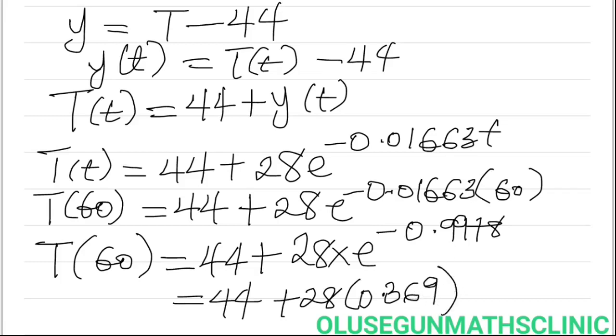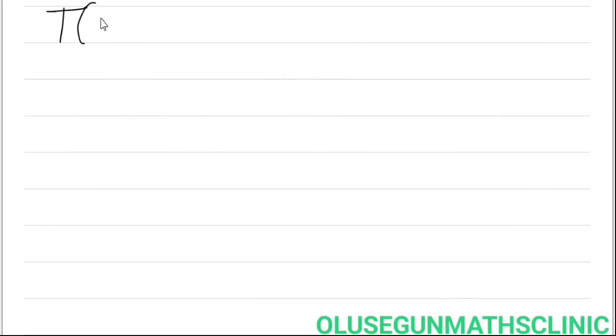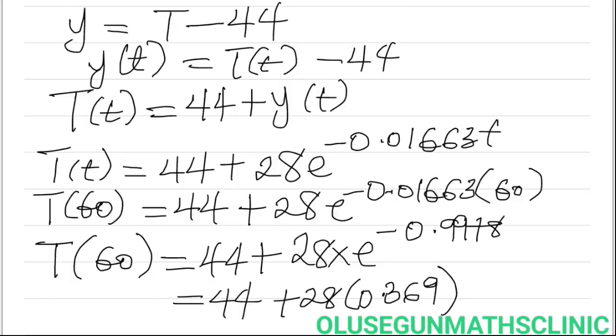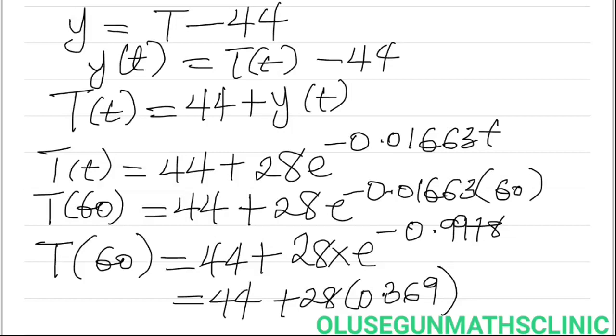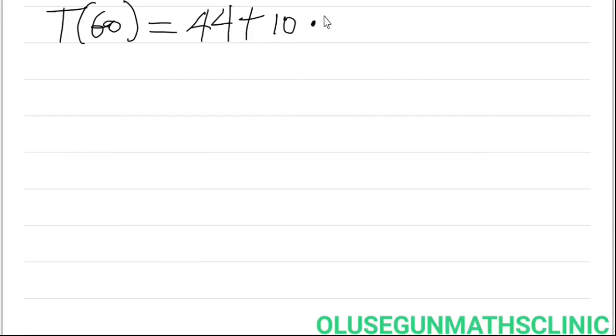So the T of 60 will now be 44 plus 28 times 0.369, which gives us 10.32. So the value will give us 54.32.